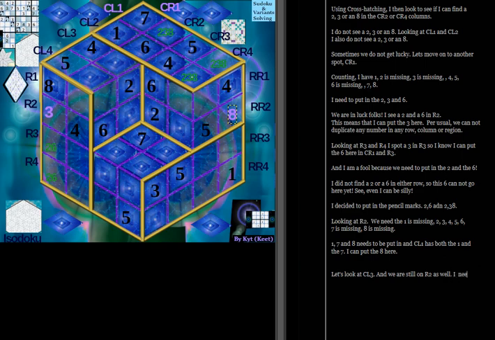Well, I need to find a 1 or a 7. I do find the 7, which means that the 1 goes in this first cell and the 7 goes in the other cell.